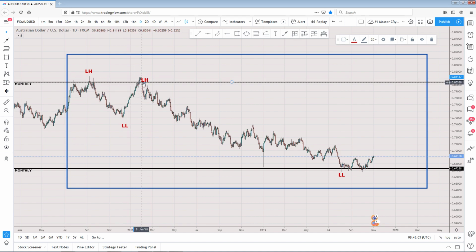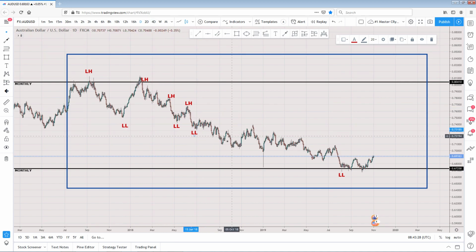It tried to go above here, but it made a lower high. Then about here, it made a lower low, a lower high, a lower high. Do you see how structure is being maintained within the structure?